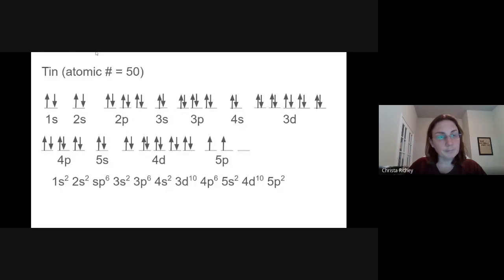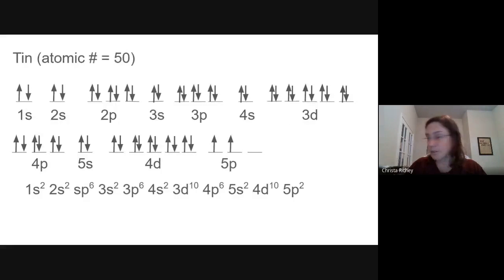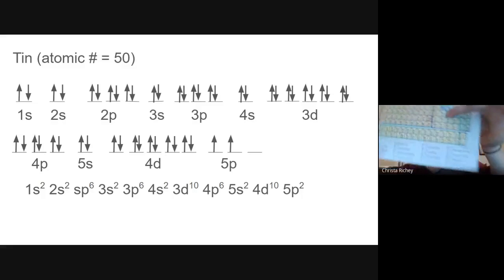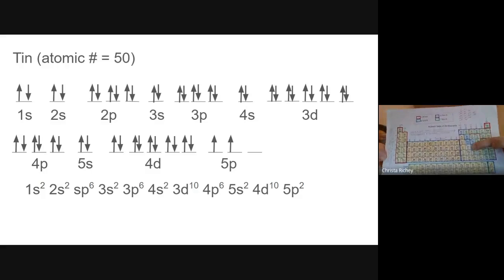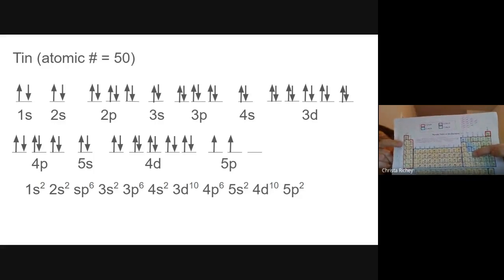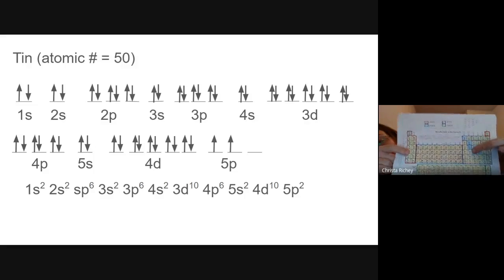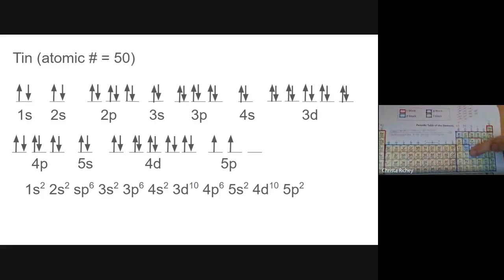Okay, so now if I show you my colored periodic table, and we were going to 50? Yes. Okay, so 10 is right here on the periodic table, number 50. So we are down 1, 2, 3, 4, 5. I am in the P block, and I am the second element over.